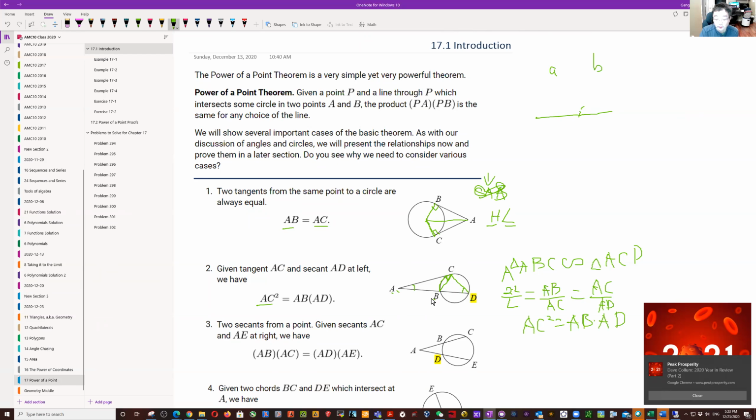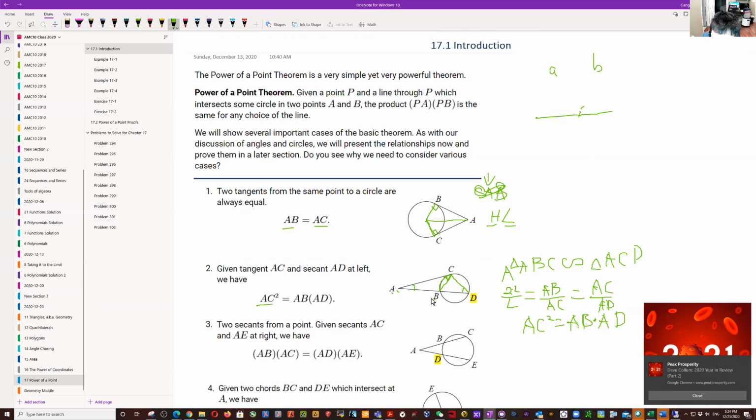This is part of the point theorem. And then the even more interesting part is that if you have two secants that intersect outside of the circle, then AB multiply AC equals AD multiply AE.